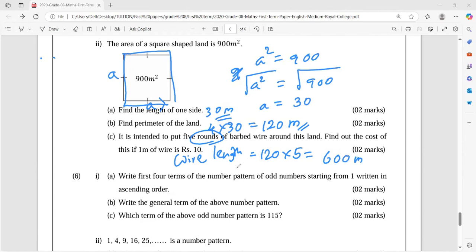We need 600 meters. And the cost will be 600 into 10, because 1 meter costs 10 rupees. Then it's going to be 6,000. Don't forget the units, actually. It's going to be 6,000 rupees. Okay. Then I hope you understand all this.